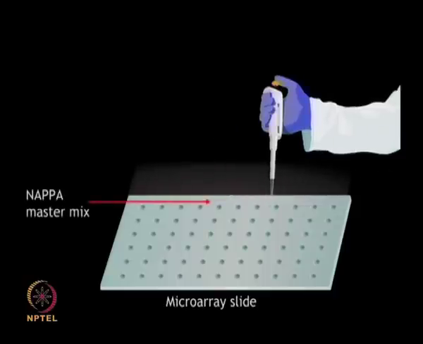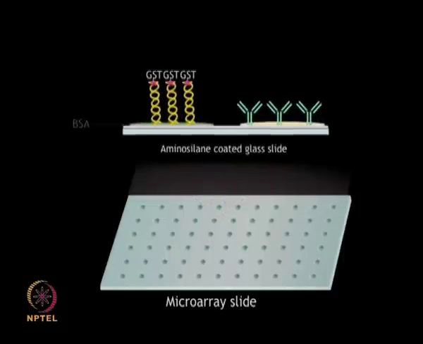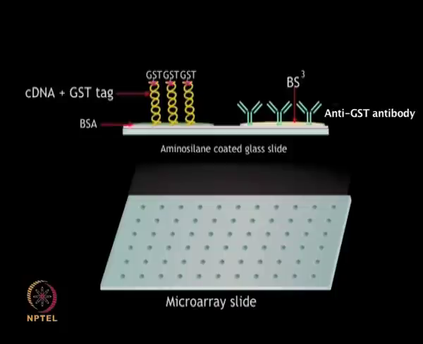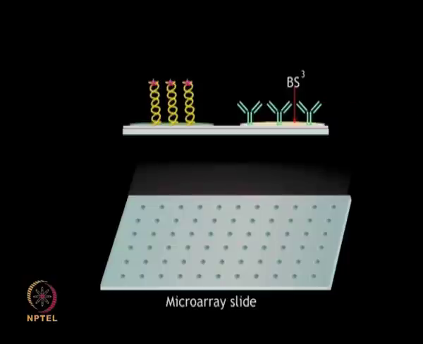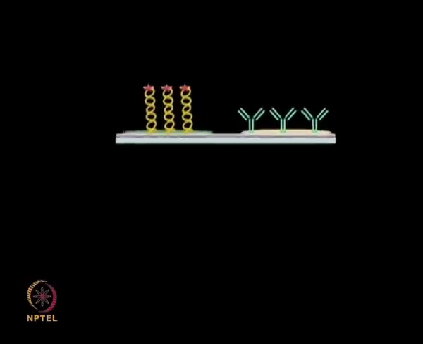To this surface, the NAPPA master mix is added, which consists of BSA, BS3, GST tagged cDNA and anti-GST capture antibodies. The BSA improves the efficiency of immobilization of cDNA onto the array surface, while the BS3 cross-linker facilitates the binding of capture antibody.